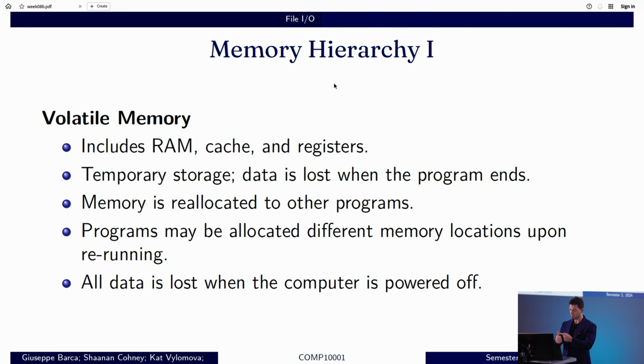So registers, cache, main memory are volatile. What does that mean? That means that it's used for temporary storage. Volatile memory loses its information when your computer is switched off. Okay, you switch it off, no information anymore. So all content is lost at that point.